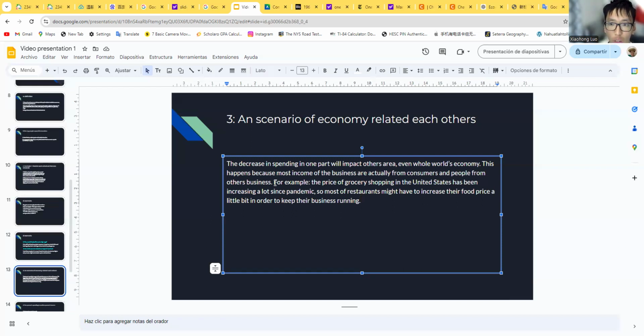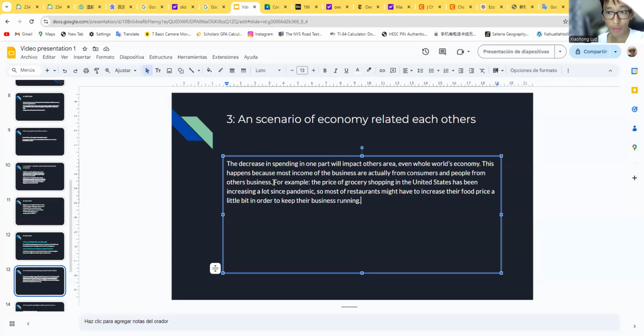So most restaurants might have to increase their food prices at least a little bit in order to keep their business running. I think they have to do that because if they don't increase their food prices, they might not have enough money to keep their business running.